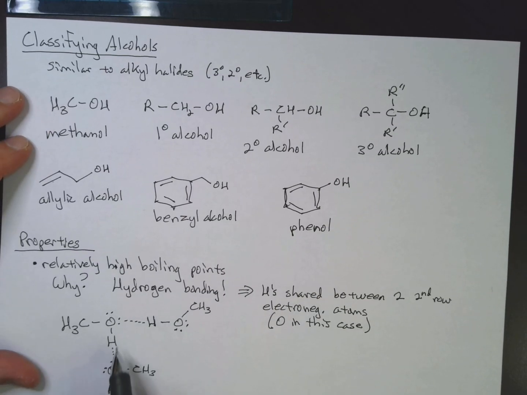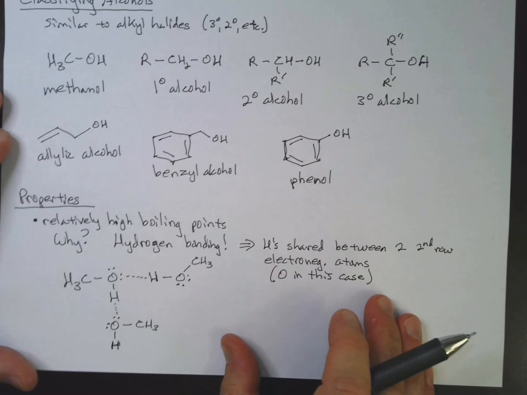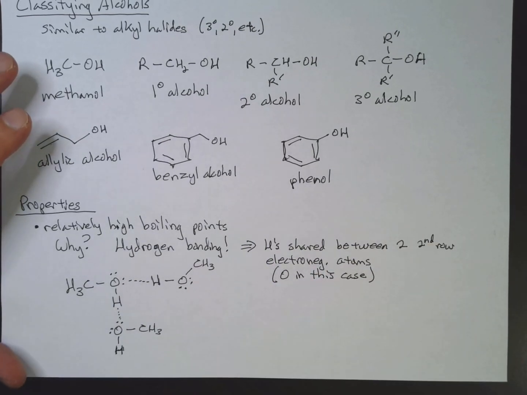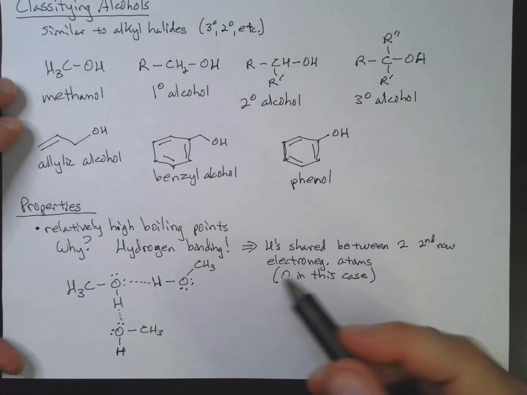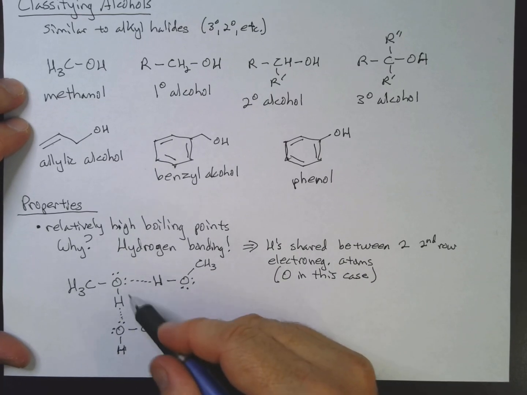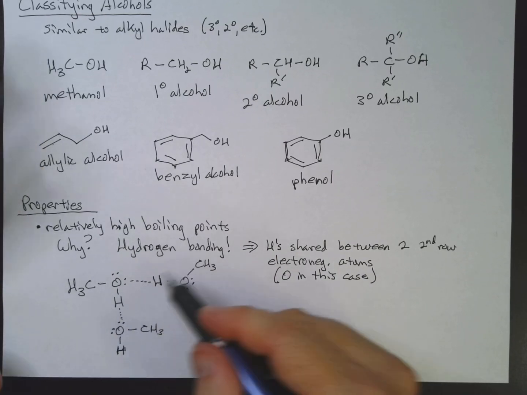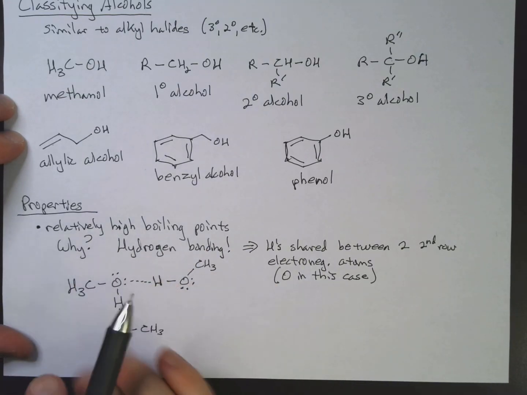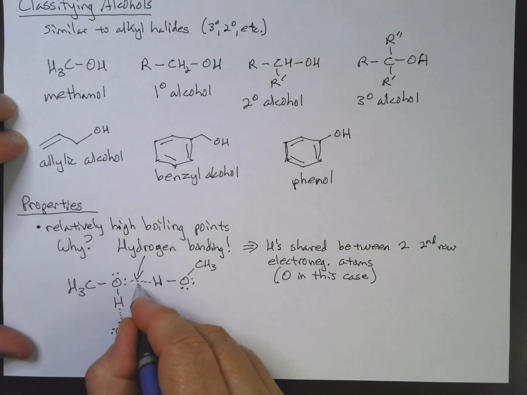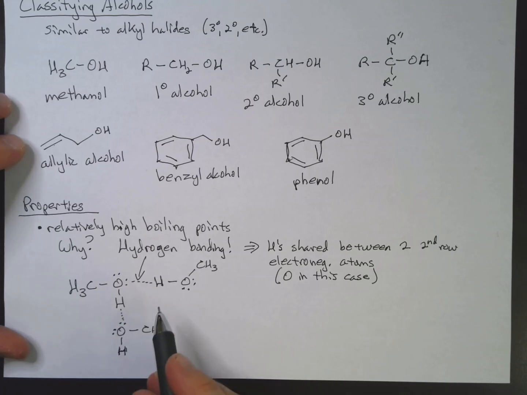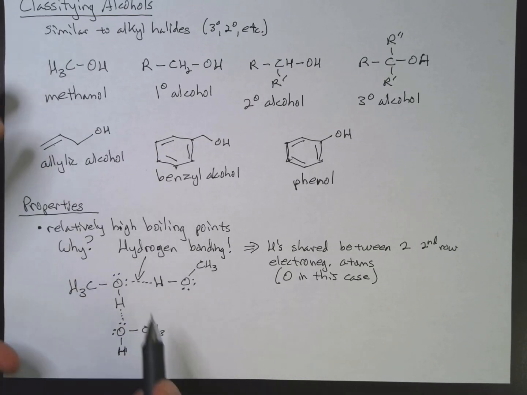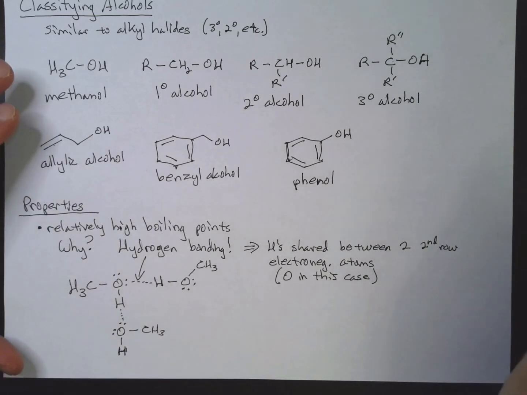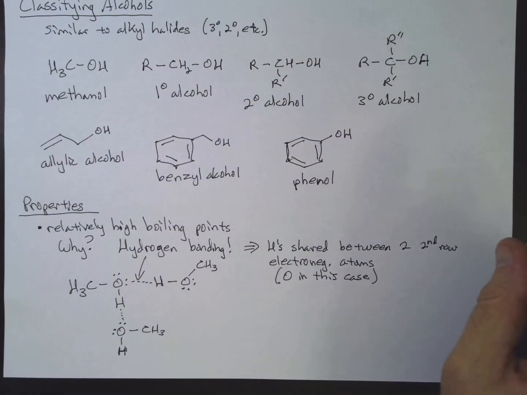Okay, and what that does is it's the same reason why water has a high boiling point. Water has a high boiling point, 100 degrees Celsius, because the H2Os form hydrogen bonds with each other, and you end up with this network. So that's a hydrogen bond right there. This network of water molecules, or in this case a network of methanol molecules, that are sticking together.